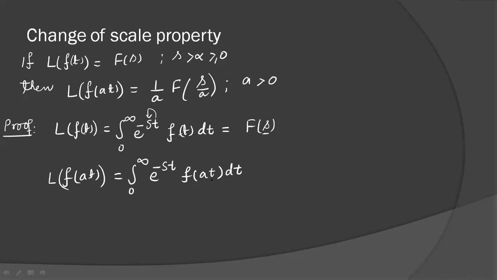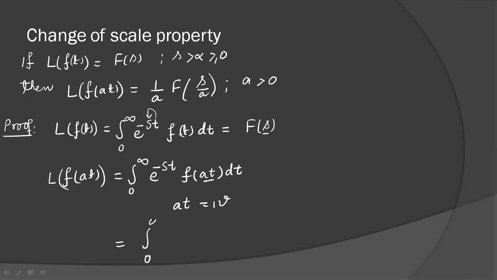So for converting to the standard definition, we have to make the variable coefficient 1. So we will replace at by some v, 1 into v. Then the coefficient of v will be 1. See, if t is infinity, then v will be infinity, and if t is 0, then v will be 0. That's why we are taking a positive, because it will go to infinity only. If a is negative, then it will go to minus infinity, and our integral will not converge in that case.